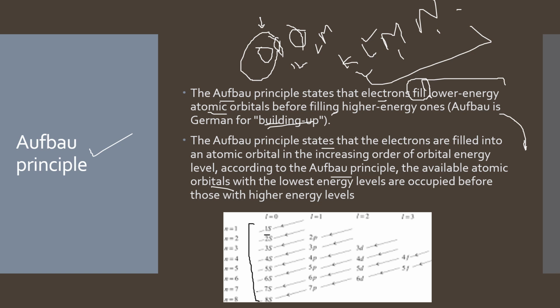Here we will see that the energy of the S shell is lower as compared to the higher shells. In this way we can identify that the lowest energy is in the first K shell. Let's move forward.